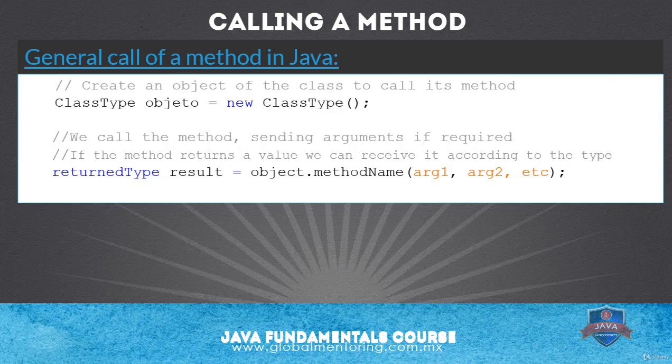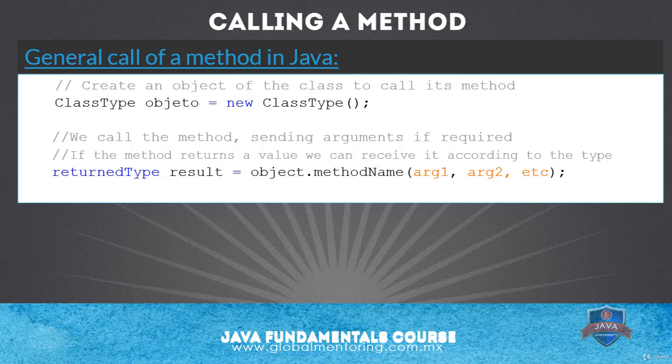3. After the name of the method, we open and close parentheses. If the method does not receive any arguments, we only open and close parentheses. However, if the method was written to receive arguments, we must provide the arguments of the expected type, separating each of them by commas.